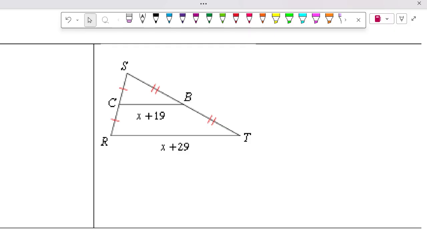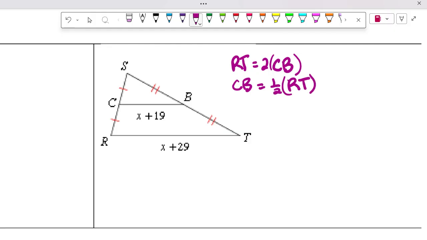All right, so now, knowing what we know, what can we say that we definitely for sure know? RT is equal to double CB. You could also say that CB is equal to half RT.